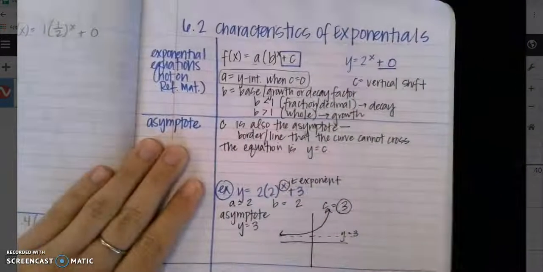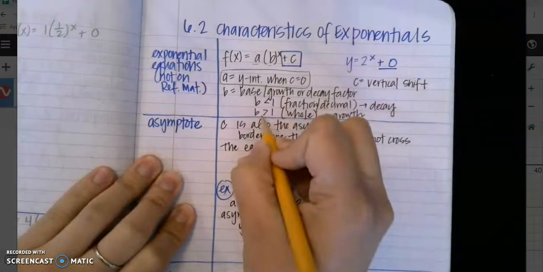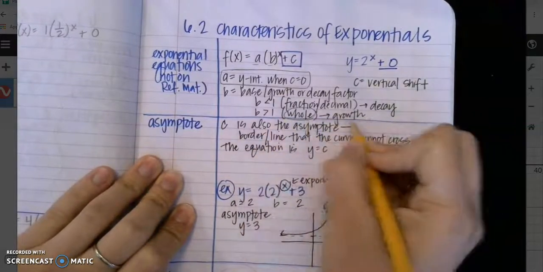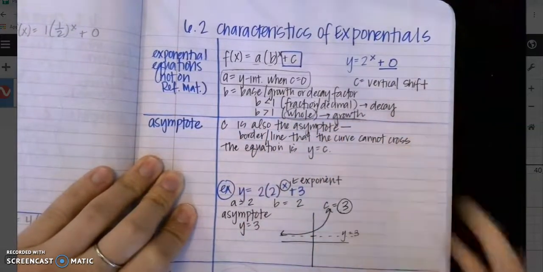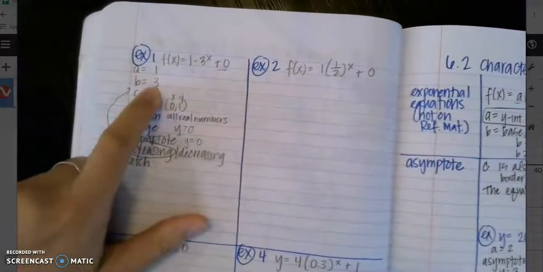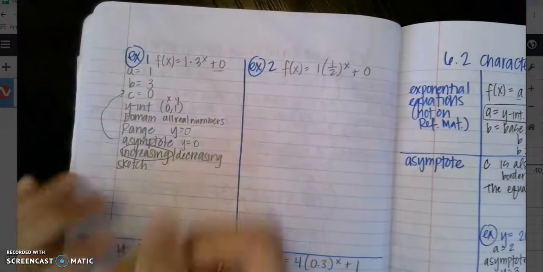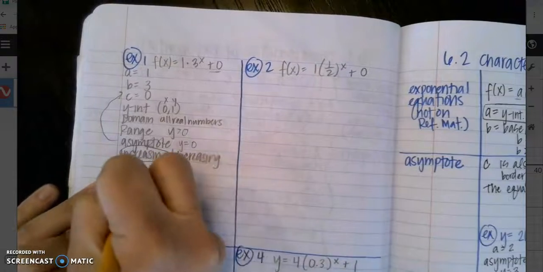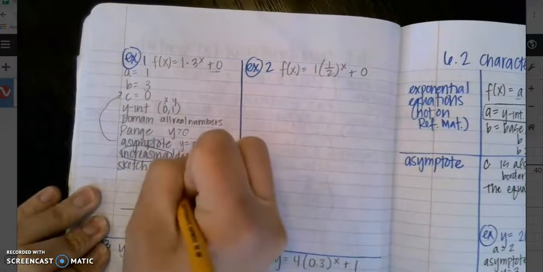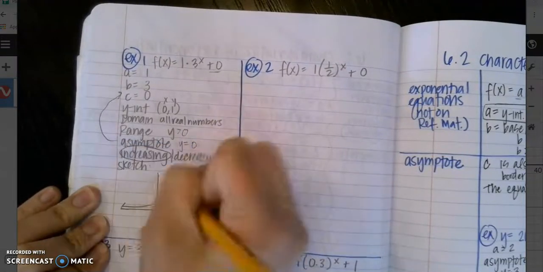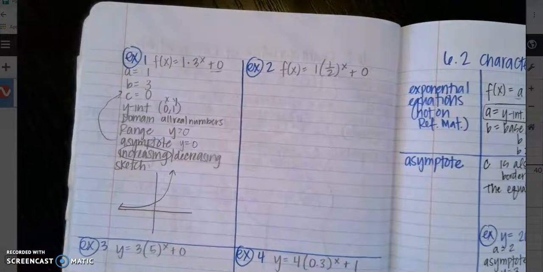And going back to your notes, if your B is greater than 1 or a whole number, that represents growth. And because my B value is a whole number, 3, that's also going to cause the graph to increase. And so a quick sketch of my graph goes right there.